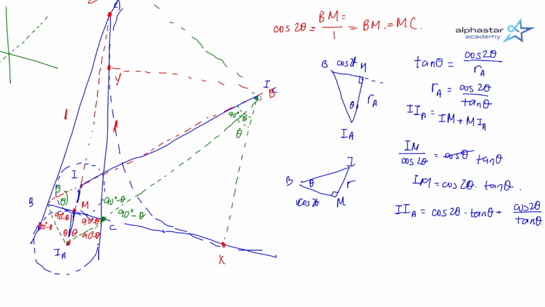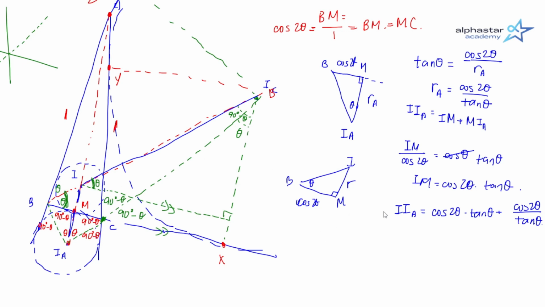Another way to look at it is if we drew this perpendicular from I to I sub B, this radius I sub B X, because I sub B X is perpendicular to that line BC, we would have a right triangle where this length here is equal to this length here, MX. So actually, one way to find that is, well, this angle must be theta by parallel lines, from this angle.